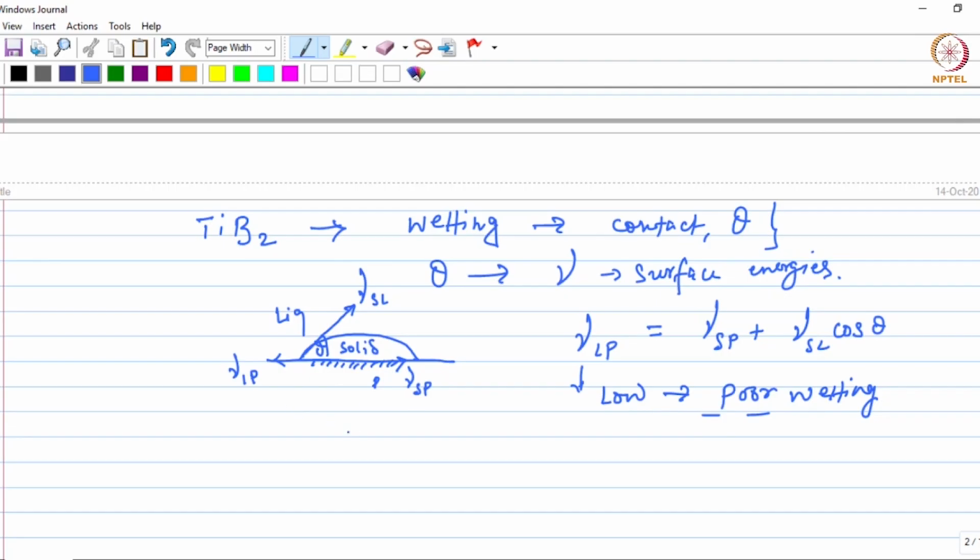Okay, so in case of TiB2, this gamma LP is low. And therefore TiB2 alone is not a good nucleant.